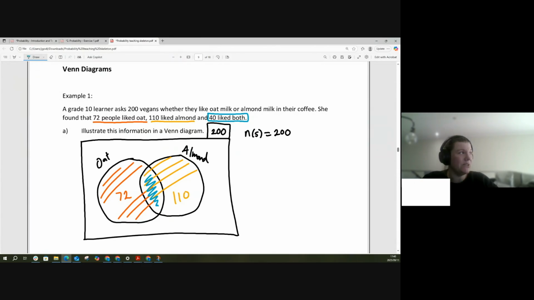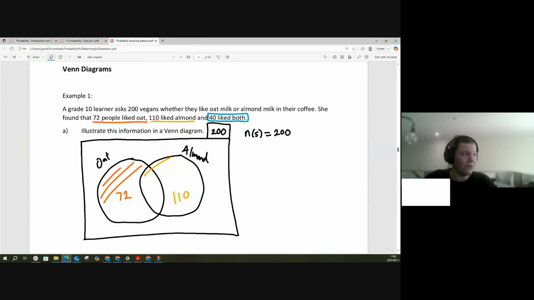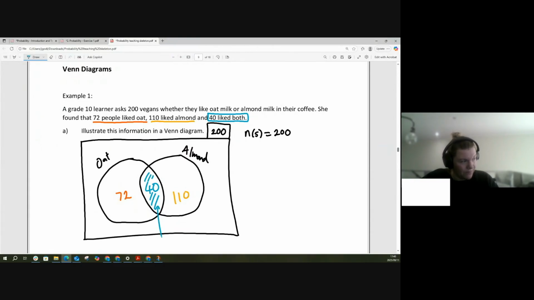So they're the ones who like both almond and oat. So we've got to do some playing around now. So we're going to put our 40 in the middle. So that's the people who like both.